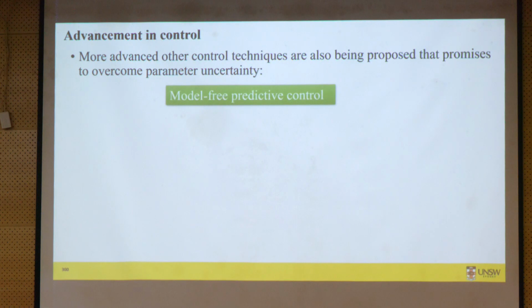That can be estimated as a disturbance signal, and then you use that signal in a disturbance observer to control the motor, which is the idea behind model free predictive control. Okay, and this is only just coming. Model free predictive control is only just coming.